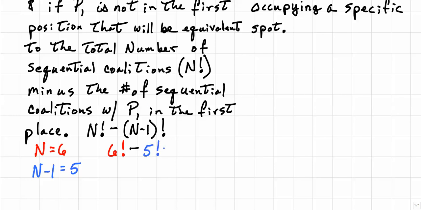And we already know what 6 factorial is. In this case, it's 720. And we know what 5 factorial is, and that's 120. So we simply have 720 minus 120, which is going to be equal to 600. So there are 600 sequential coalitions where P sub 1 is not in the first position.